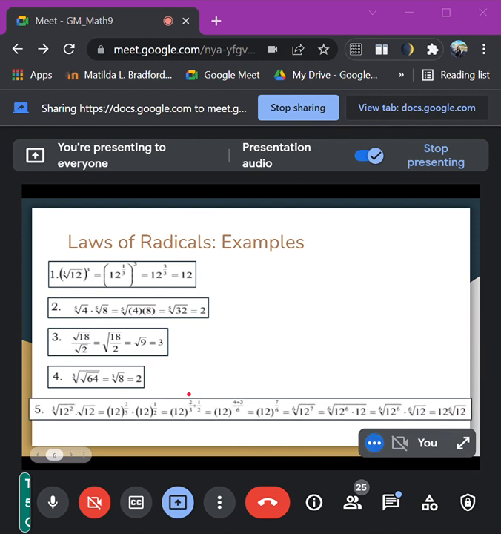Now, let's have the last one class. So, you have there multiplication of your radicals. So you have there cube root of 12 raised to 2 times square root of 12. So ang buhaton nato niya class is i-change jud nato siya into exponential form.